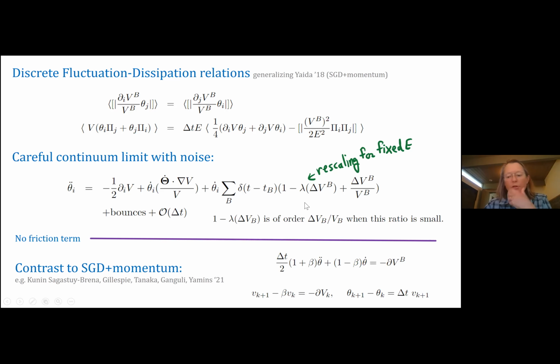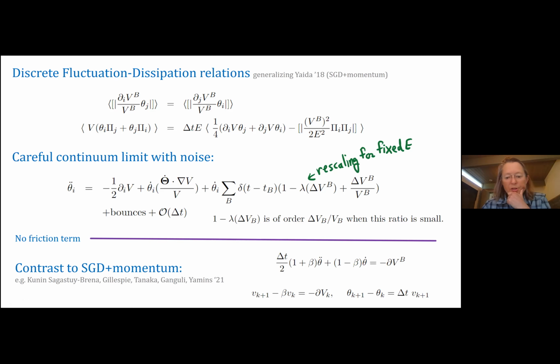There's a lot of interesting work on this, worrying about how to take a careful continuum limit, or just being conservative in a certain sense and working directly with the discrete version, where one can work out, for example, fluctuation dissipation relations that occur, averaged over many batches, averaged over trajectories.